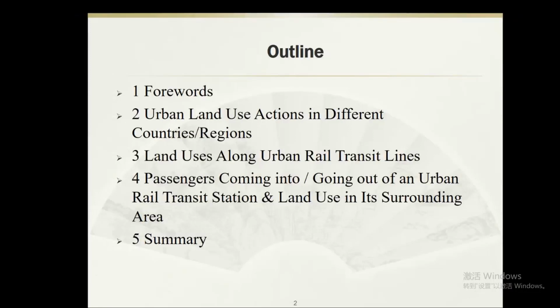Then we can prepare proper transport capacity and proper rail station capacity. And at last, let's get some summary. In this lecture, I will introduce many experiences in different countries and regions, including China.